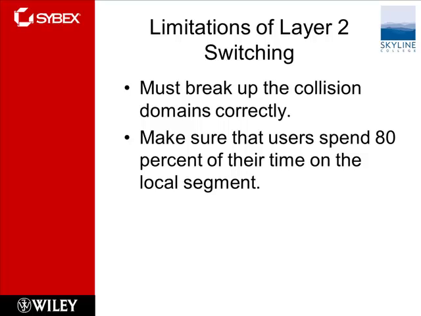If you spend 20% of your time getting information from other places, that's the ideal. That's not always going to happen. But when you start organizing these things, 80% of your traffic should be inside here. And if you go back to the Cisco model we talked about earlier, the core, distribution, and access layer, what we want is 80% of it in the access layer.